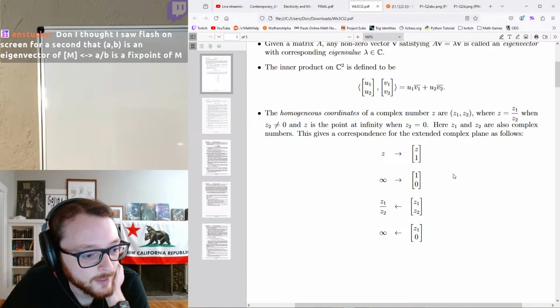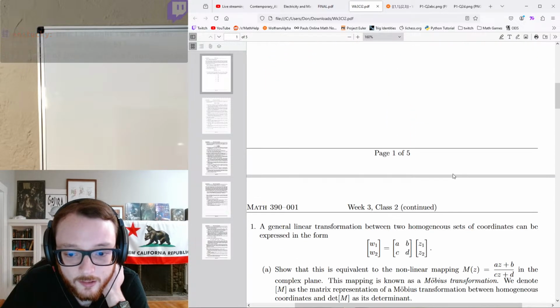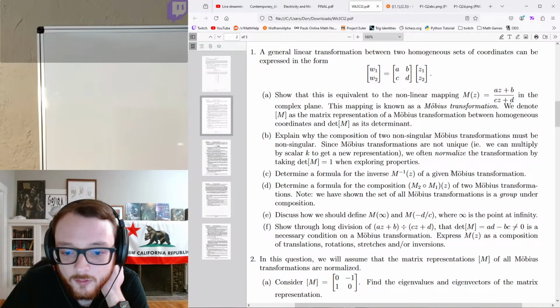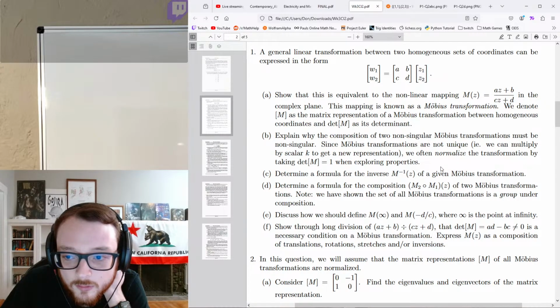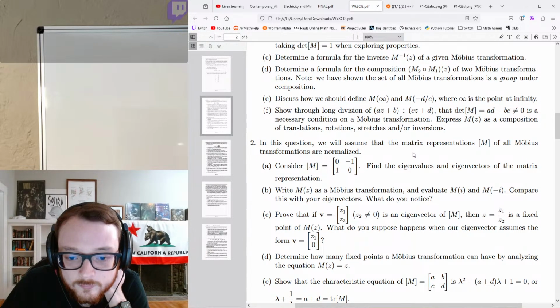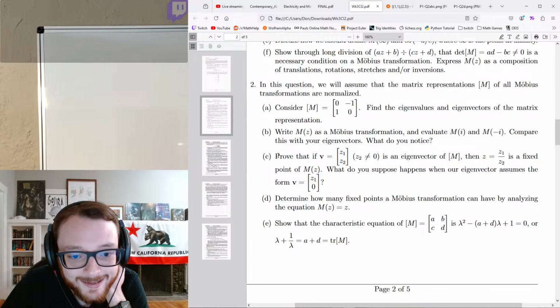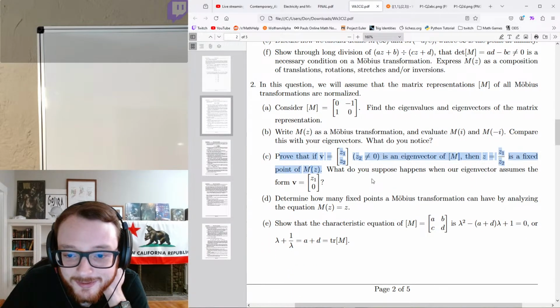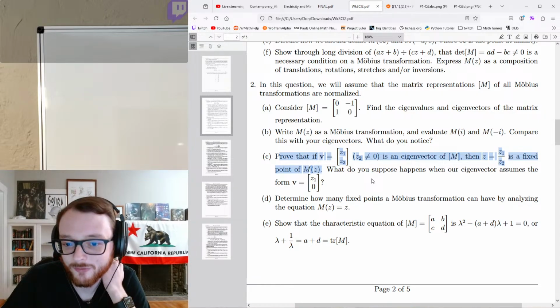I thought I saw a flash on screen for a second that (a, b) is an eigenvector of M if and only if A over B is a fixed point of M. Oh, that would be a helpful fact. Where would that have been? Oh, great catch, Stoogie. I wonder why it's only a single fixed point.